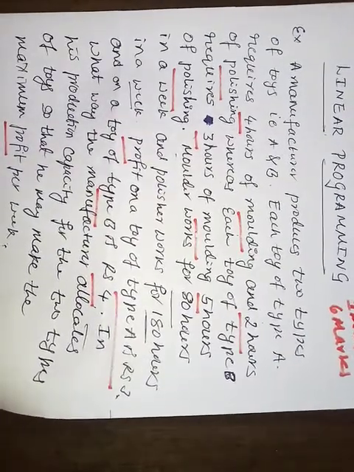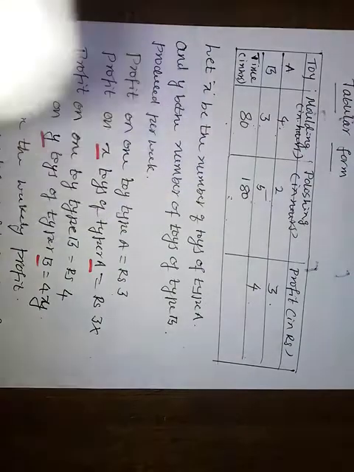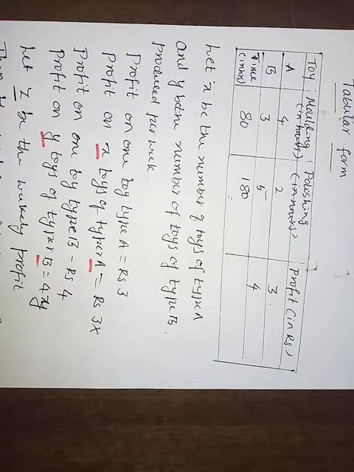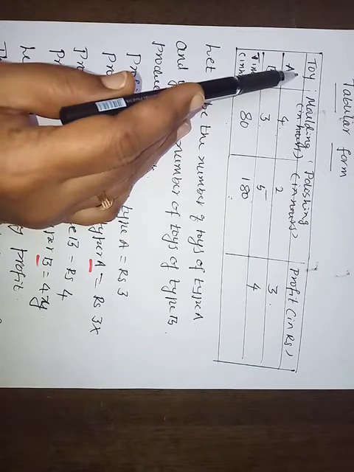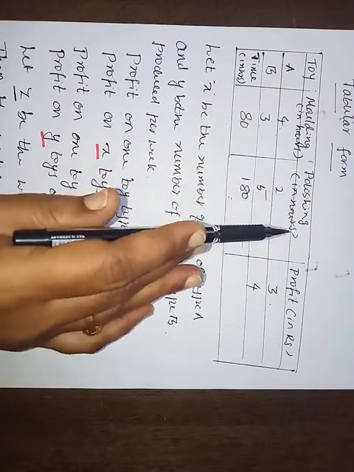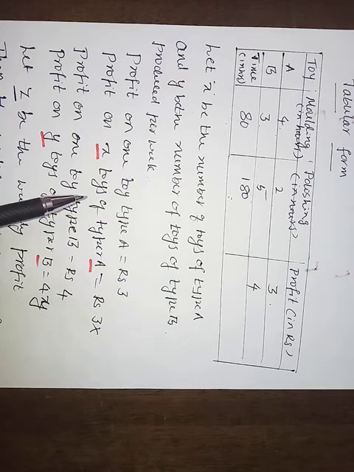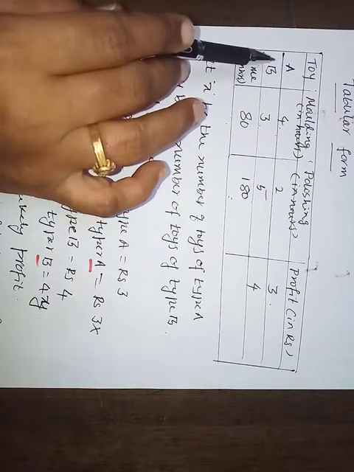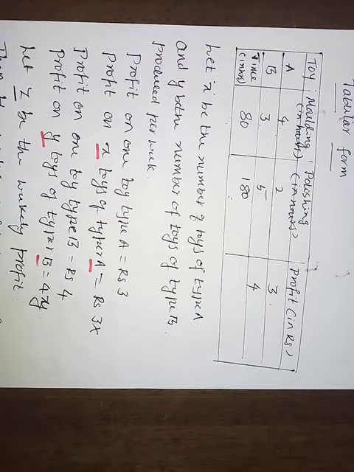This example we can easily simplify by taking the tabular form. See here, how many toys are there? Two, A and B. For manufacturing toys, we need molding and polishing, and these are given in hours. Toy type A takes molding 4 hours, polishing 2 hours.